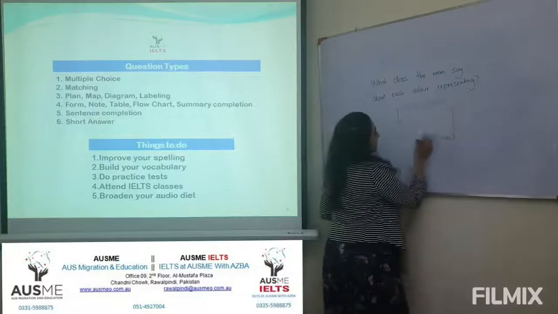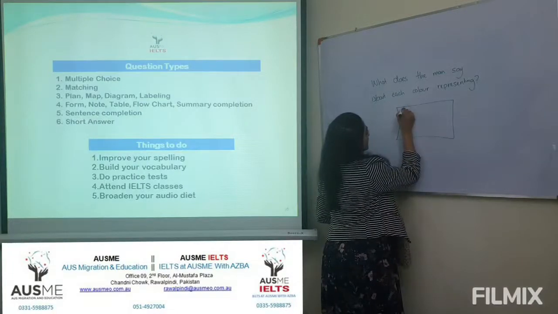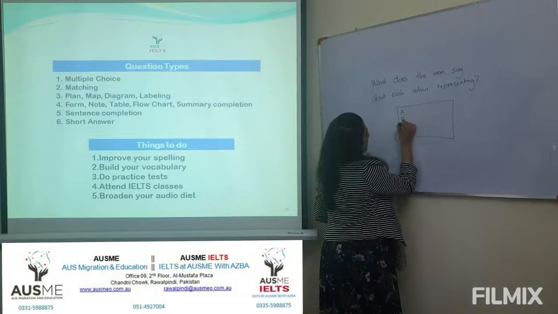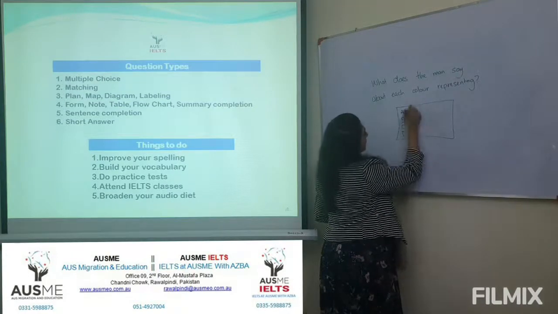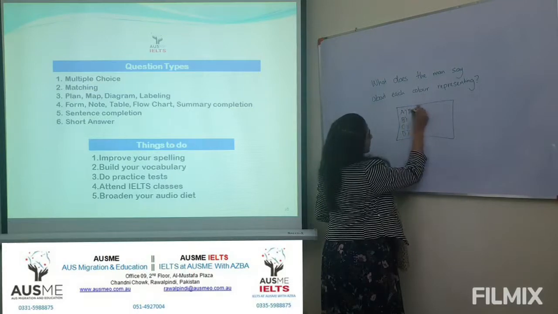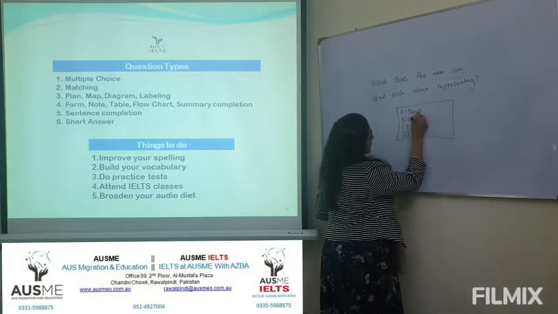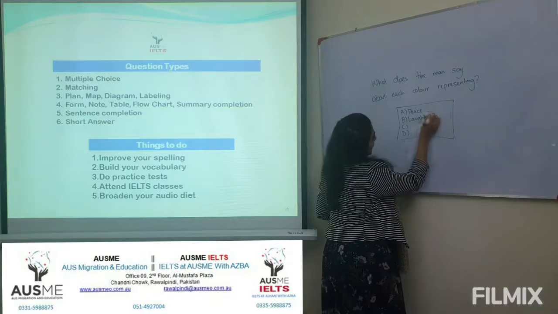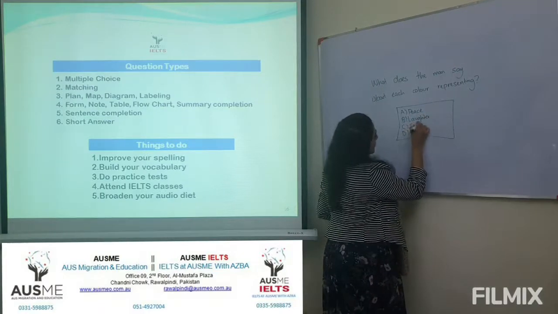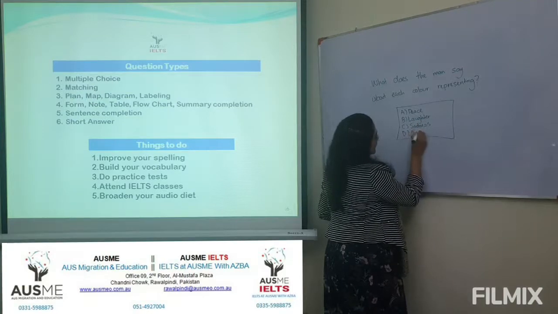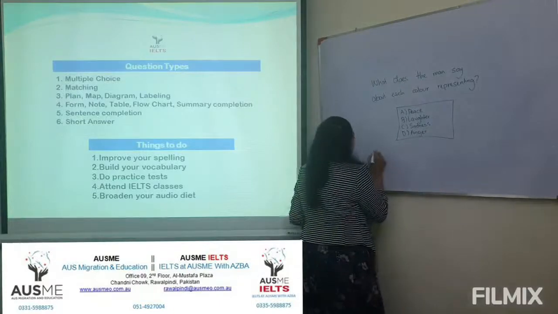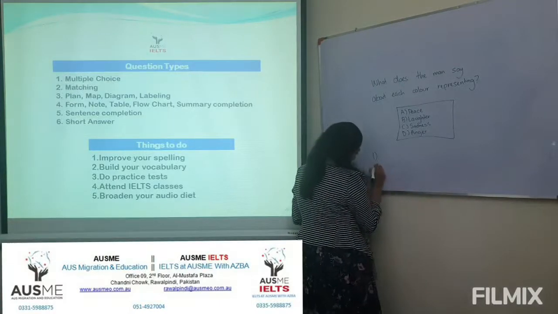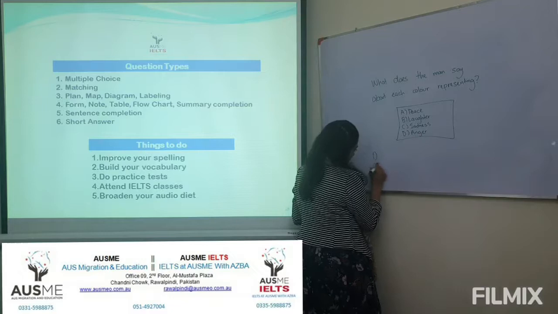Then you could have a box that would have a list of options. For example, peace, laughter, sadness, and anger. And then you'll have your options here.